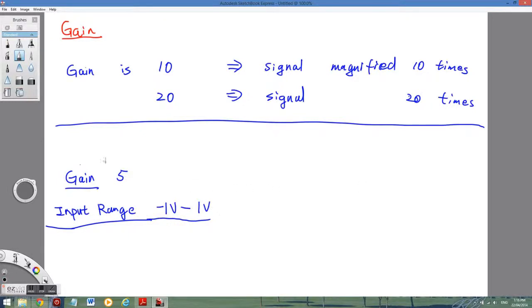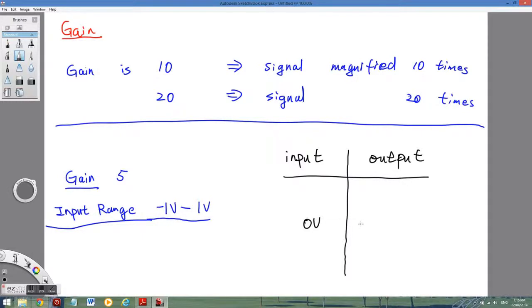For instance, for this amplifier, if I draw a table, when I have 0 volt input, the gain is 5, it is within the range, and the output will be 0 volt.